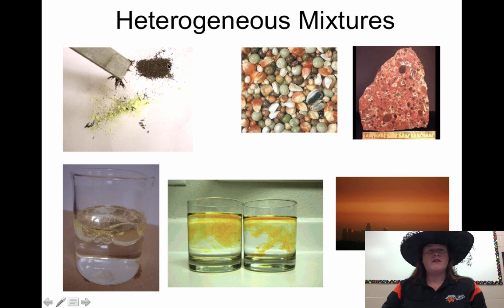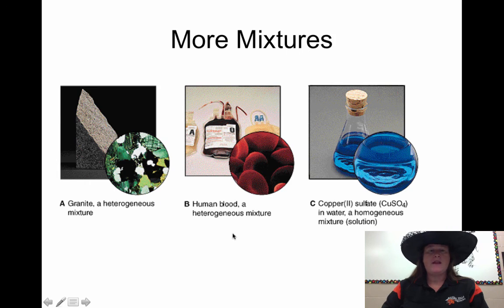Here we have some sulfur and some iron filings, some birdseed. This is bauxite, it is a rock, and this is layered smog above a city. Here we have some food coloring in water. And here are some more: granite and human blood, demonstrating heterogeneous mixtures.